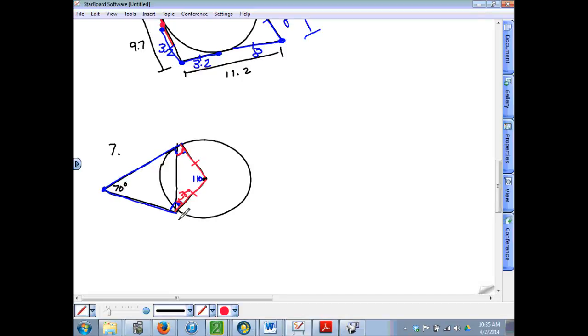Okay, we don't have a lot of time. We are going to do this pink one. How do you know the triangle is isosceles? It has two congruent sides.